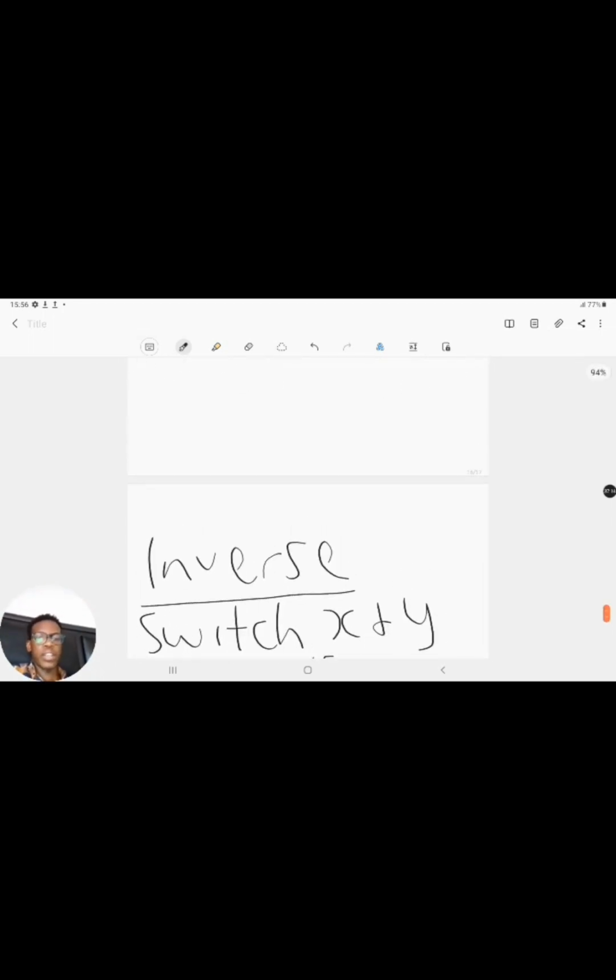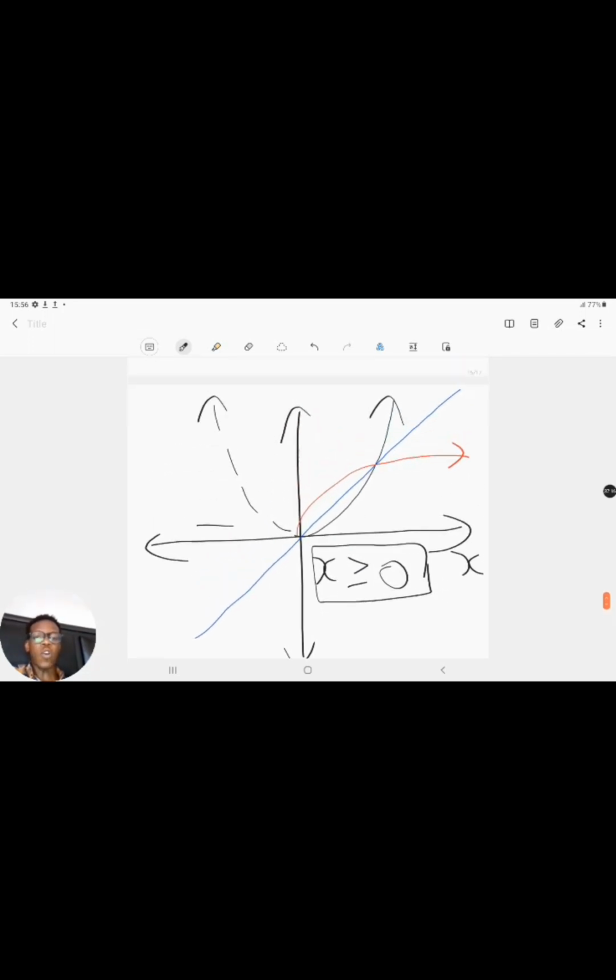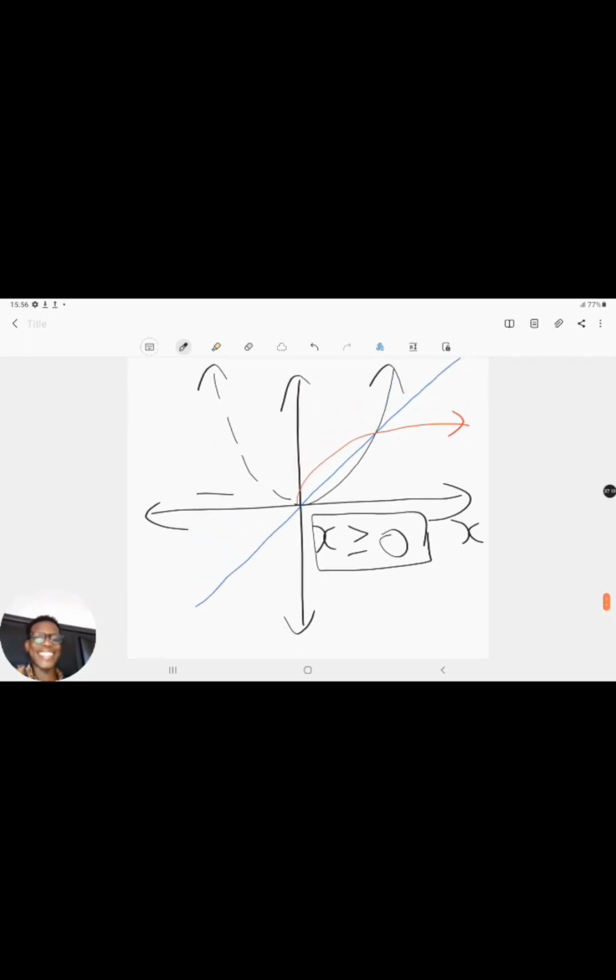What does this mean? This means that the values of x for which your graph exists become the values of y for which your inverse exists.